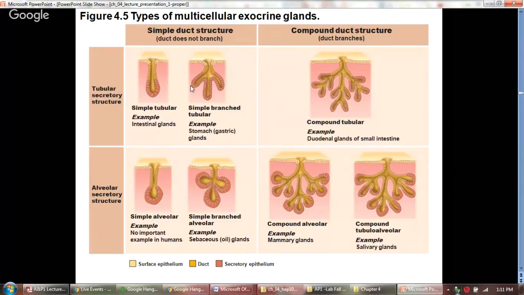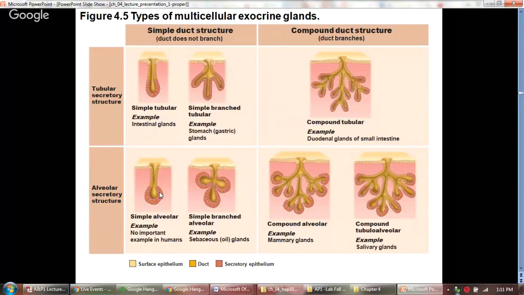And the glandular part has been branched. So we call it simple branched tubular glands, which you find in the stomach, the gastric glands. And here you would see the simple alveolar gland. The shape of the glandular portion is much more rounded, alveolar, like the shape of the lungs.